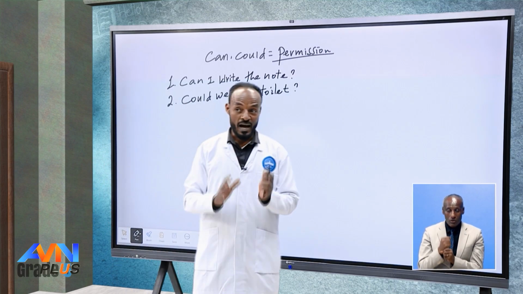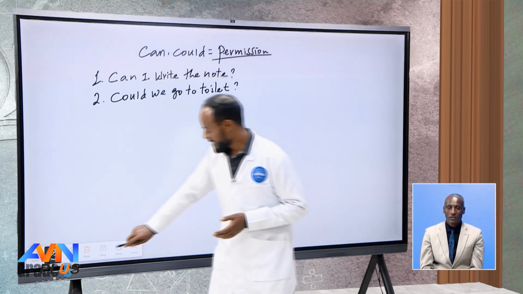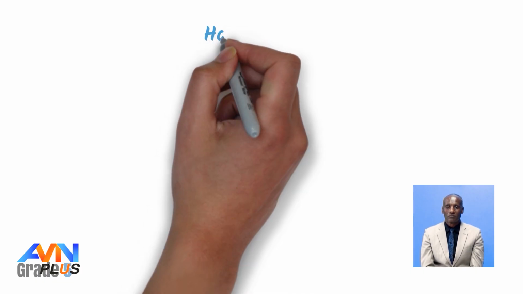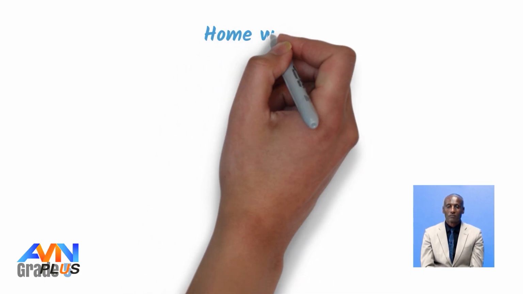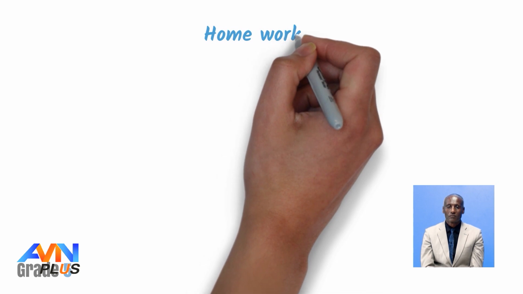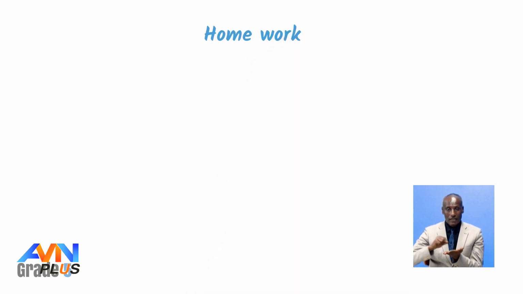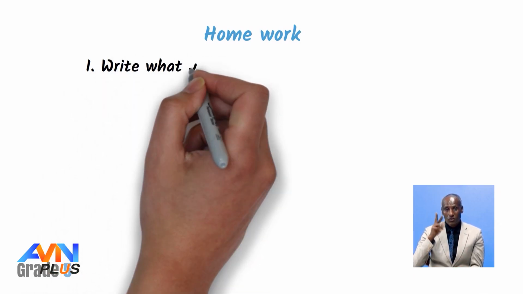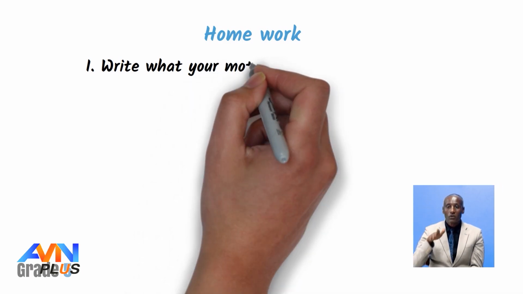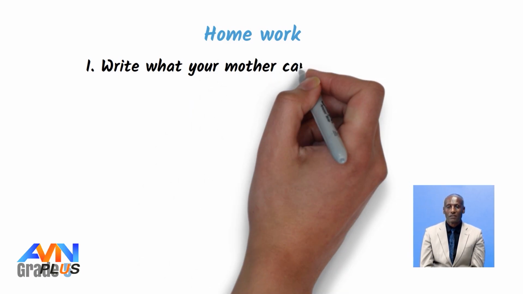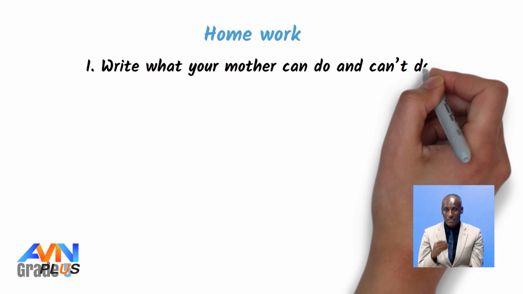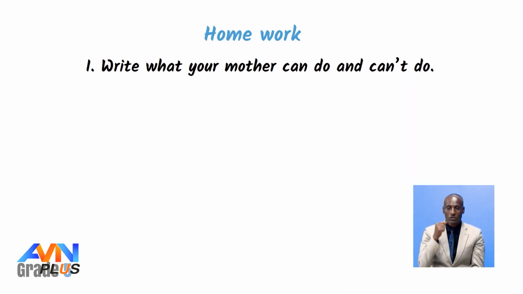Now I want to give you homework. Are you ready? I hope you're ready. Good. Let me give you homework here. Homework. Instruction. Write what your mother or maybe your father or your brother can do and can't do.